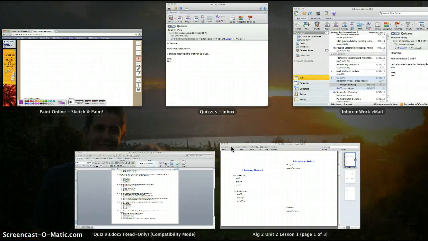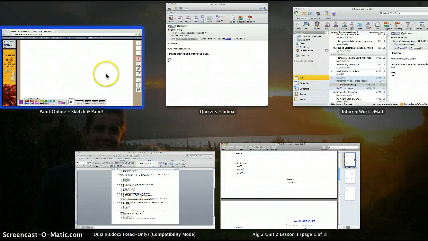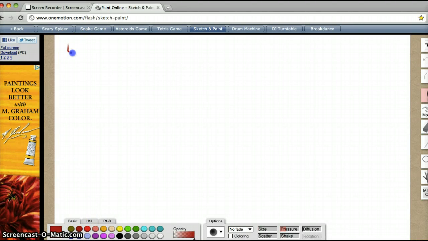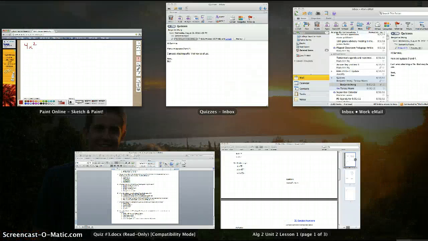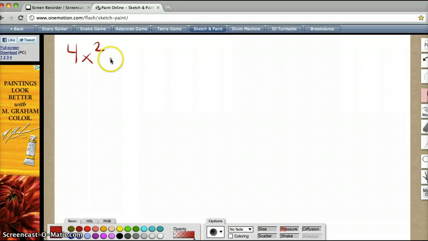So let's go ahead and do example number 4. It says 4x squared minus 5 equals a negative 25. So let's set that up. So we've got 4x squared minus 5 equals a negative 25.